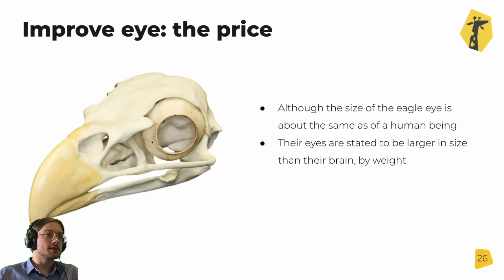The price is that the size of such an eye would be very, very big. It is the same as humans have, but compared to the bird's brain, one eye is bigger than the brain.